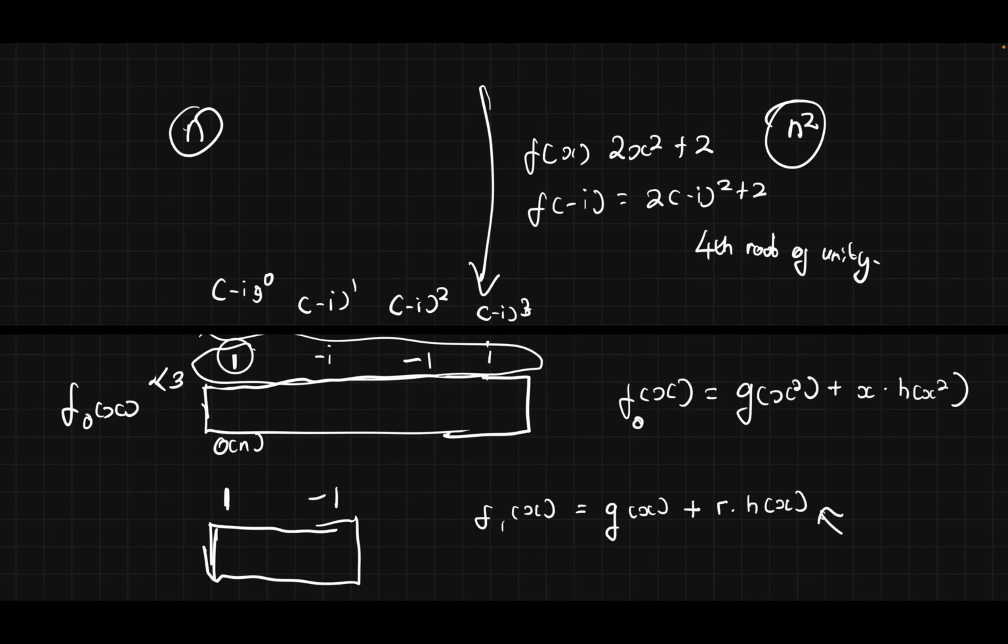If each one takes me order of n, then n of them will take me order of n squared. With FFT, you're going to have order of n log n, and n log n grows much slower than n squared. So using FFTs is faster.